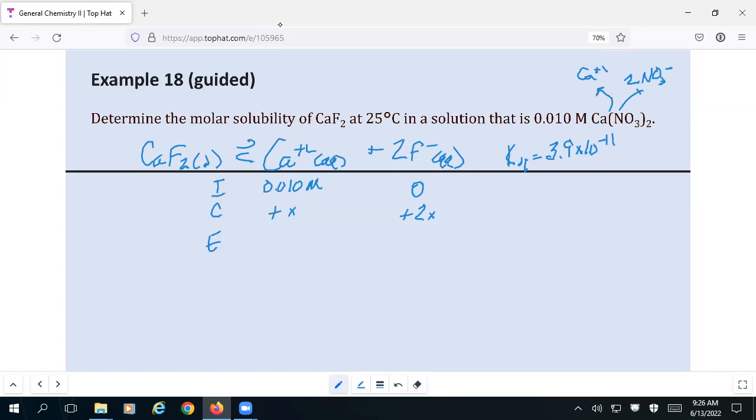You've got to remember, they're both on the same side of the problem, so they're both going to behave the same way. They're both going to add. So when we get to the equilibrium side, it ends up being 0.010 plus x and 2x for the fluoride.